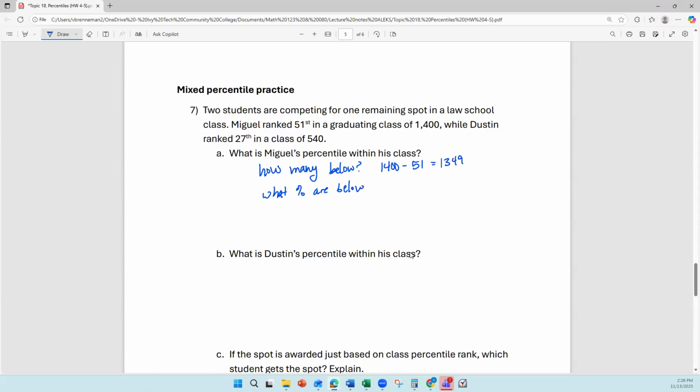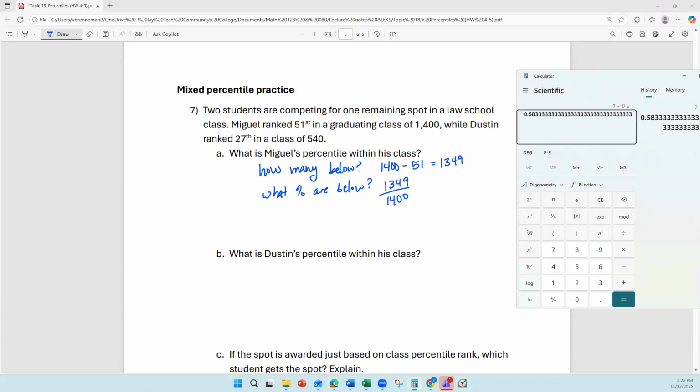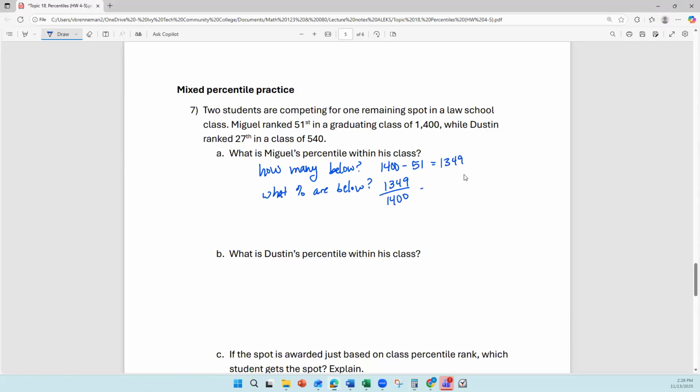So we take that 1349 divided by 1400. 1349 divided by 1400 is 0.96357, and so on. That's going to be the 96th percentile.